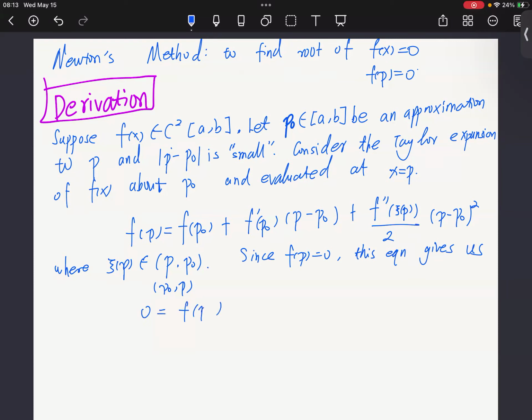So this equation gives us 0 on the left-hand side, and on the right-hand side we keep the terms. And there's one more term here.